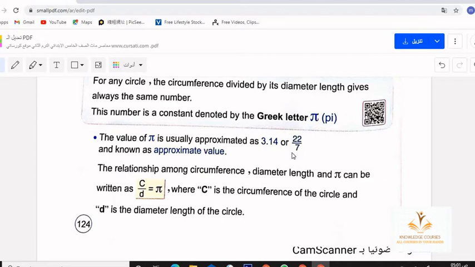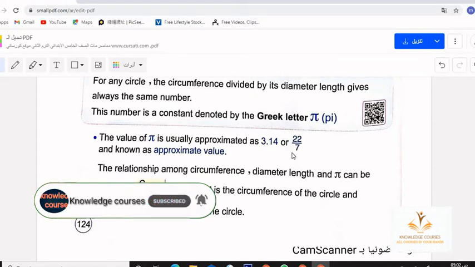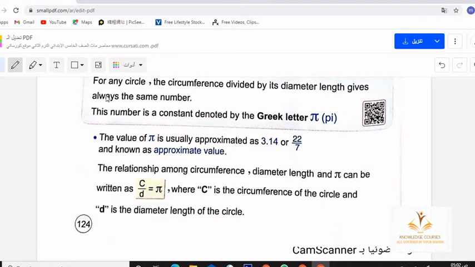This is the constant. Okay, عندي قيمة ثابتة pi equals 3.14 or 22 divided by 7.